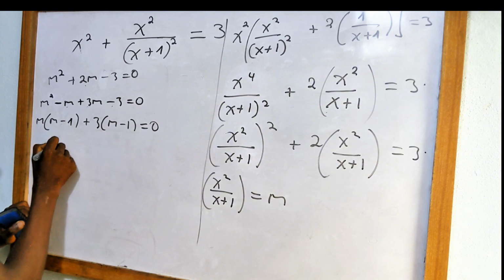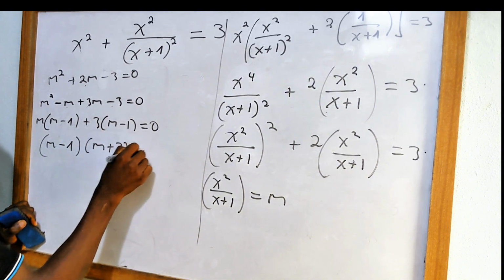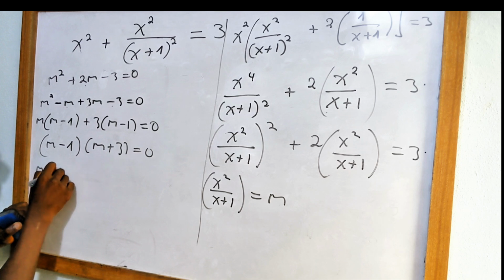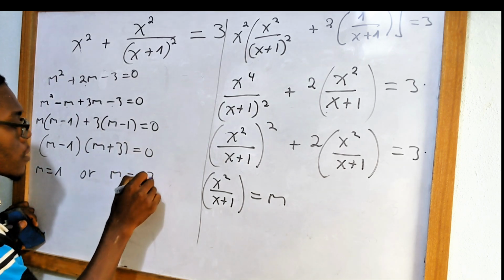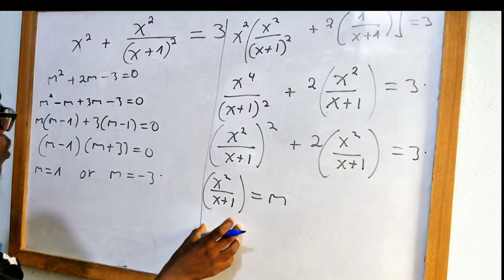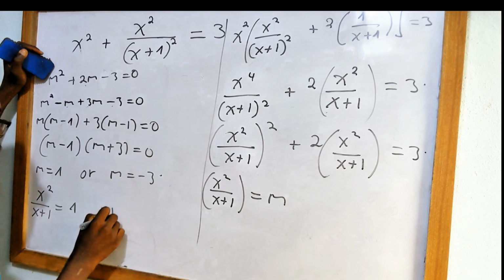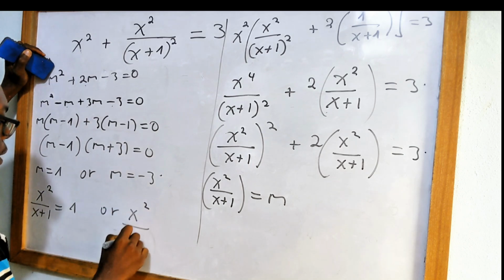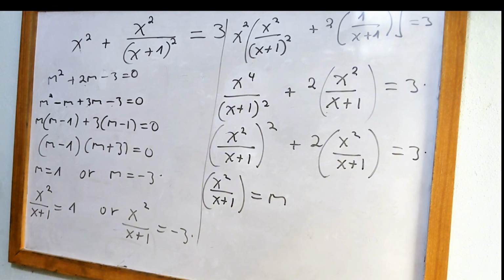Hence, we have (m minus 1) and (m plus 3) equals 0. Hence, m equals 1 or m equals minus 3. Hence, we come back to have x square all over x + 1 equals 1 or x square all over x + 1 equals minus 3. Those are the two things we're going to be having.